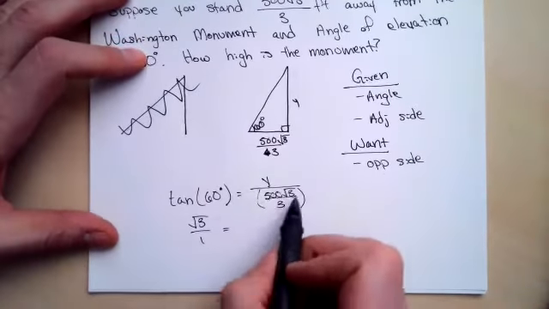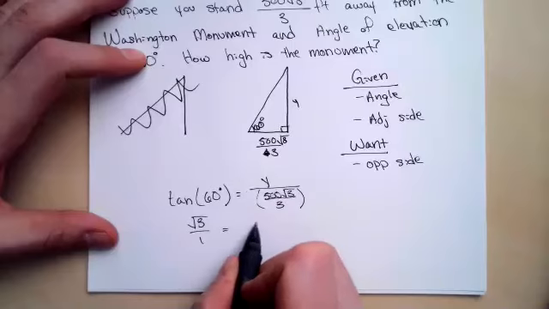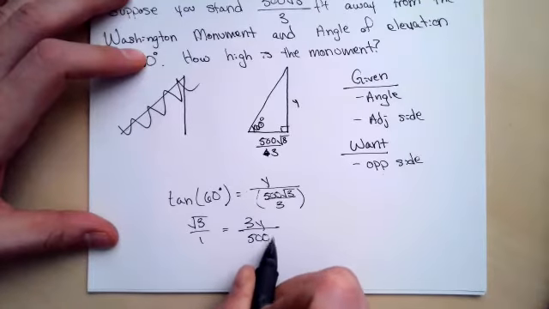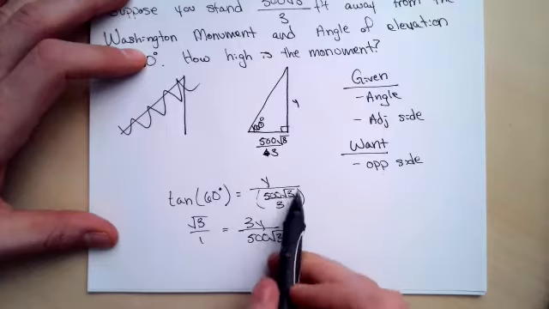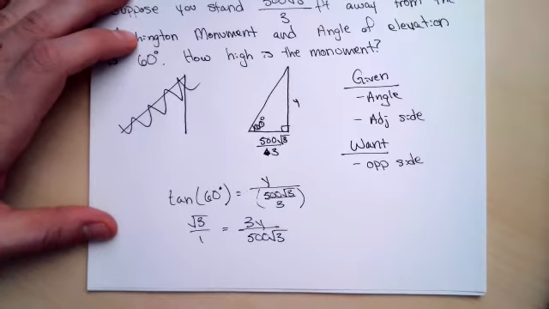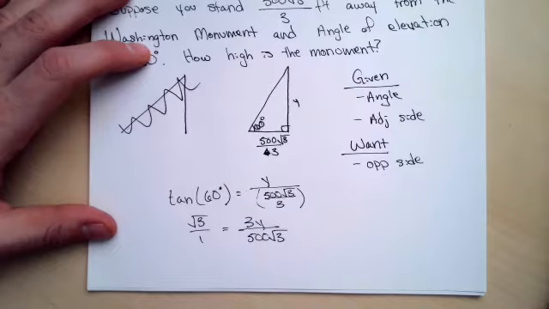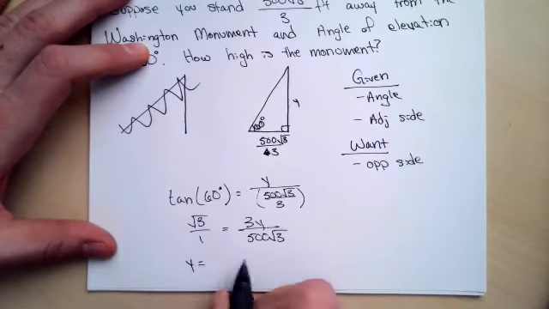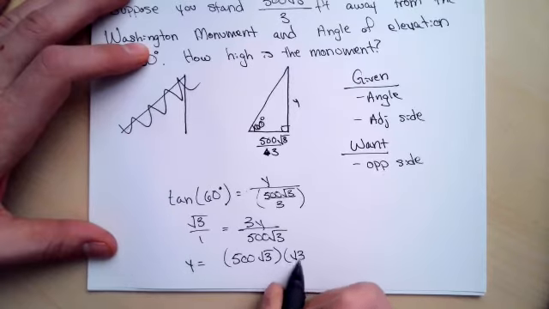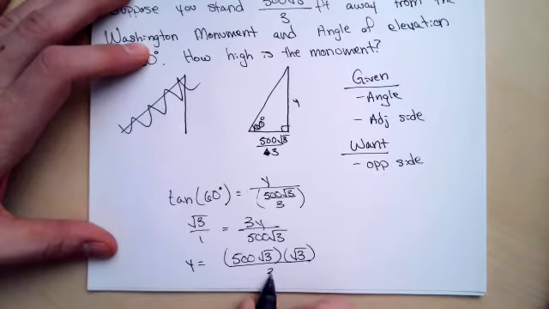Let's go ahead and simplify this since it's a fraction within a fraction. It's going to be 3y over 500 square root of 3. So I just multiply by the reciprocal of that denominator. And now all we got to do is solve for y. So y is going to equal 500 root 3 times square root of 3, and then divided by 3.